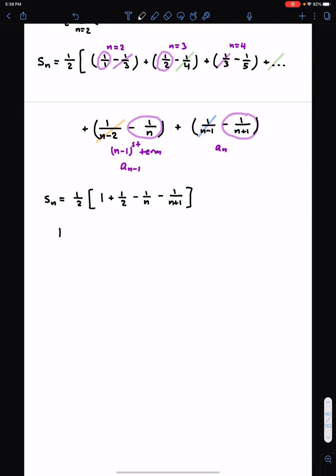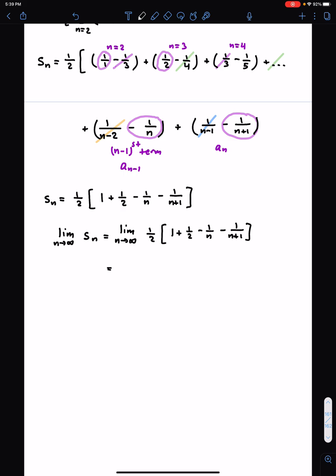Then if I take the limit of the nth partial sum, the limit as n approaches infinity of s sub n is equal to the limit as n approaches infinity of 1/2 times 1 plus 1/2 minus 1 over n minus 1 over n plus 1.